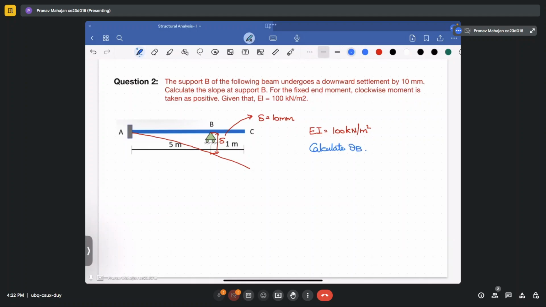In this, it is mentioned that we have to take the clockwise moment to be positive for the fixed end moment. So how it will come into picture, we'll see using the concept of the slope deflection equation.